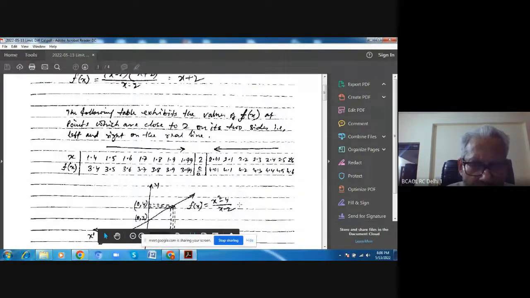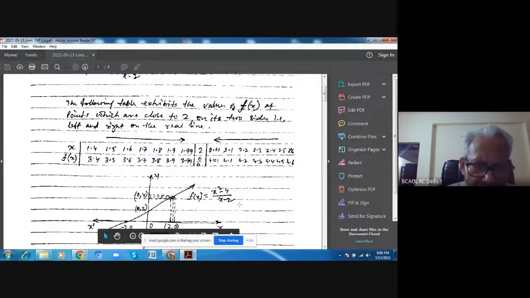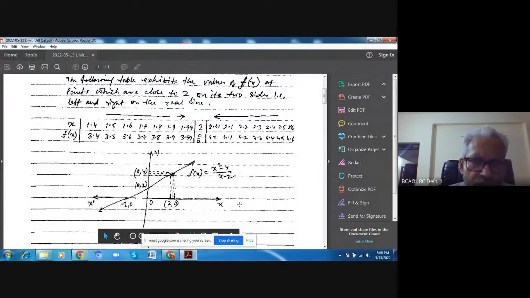So how do we present this graphically? What data is available here? Based on this, you can draw the graph. This is the x-axis and this is the y-axis. The x value in these conditions we are taking as 2.